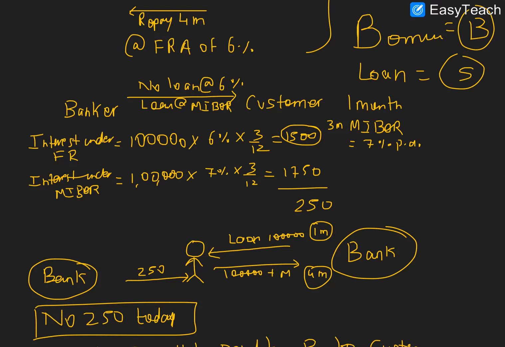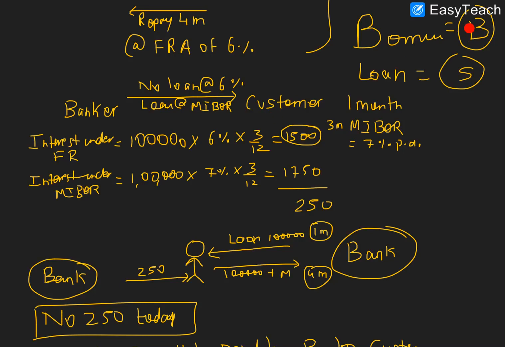Sir, how come it is buying and selling? Let's understand it. See, in this case, the customer has agreed to take a loan at 6%, and on the date of maturity, the MIBOR turned out to be 7%. So the customer has agreed for 6% and he is now going to take a loan at 7%. So basically he was in a borrowing position, and we said he has bought the FRA.